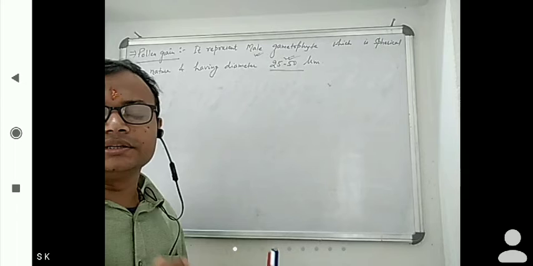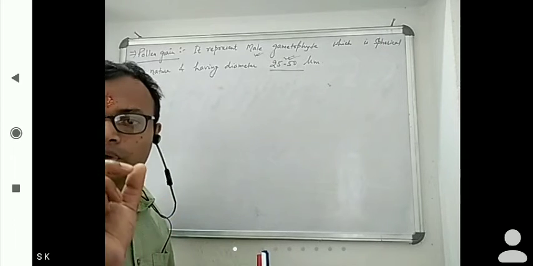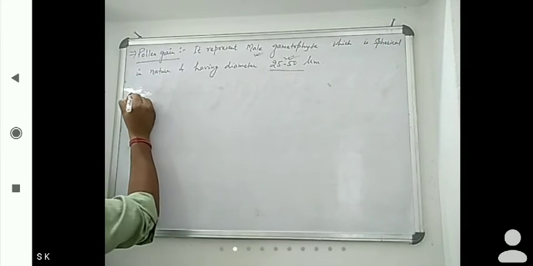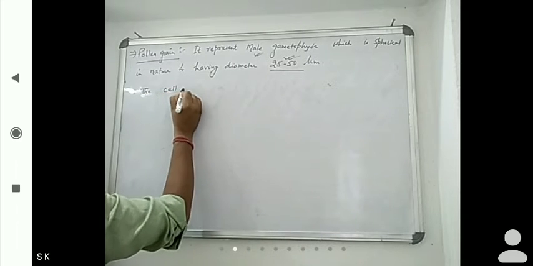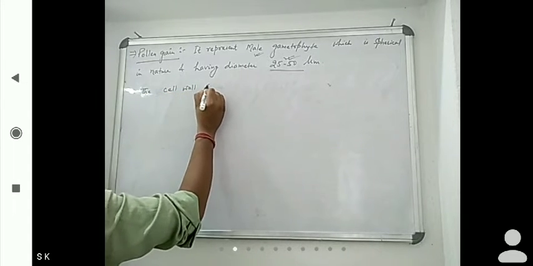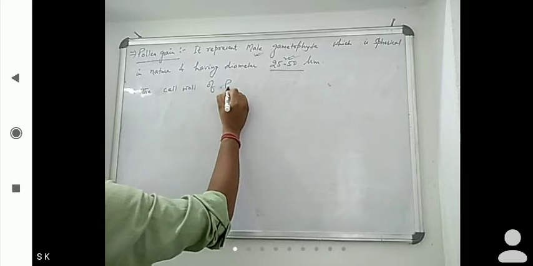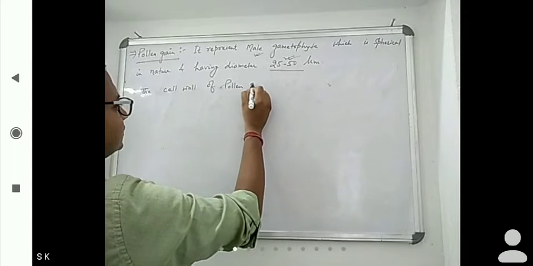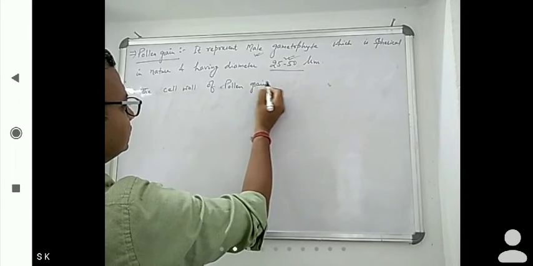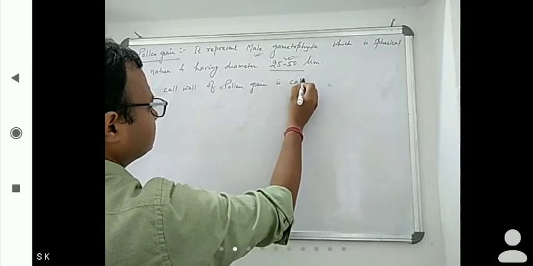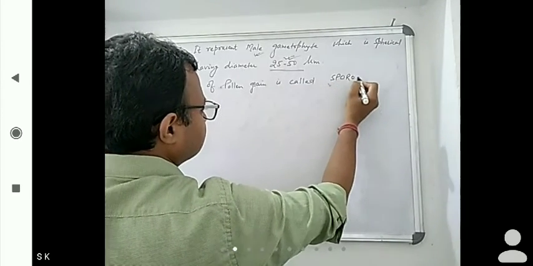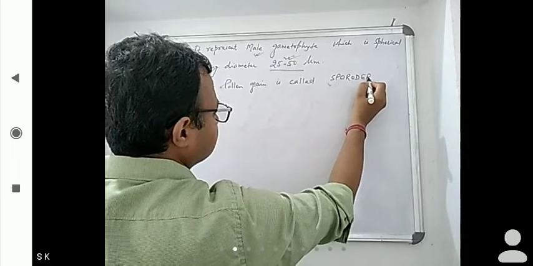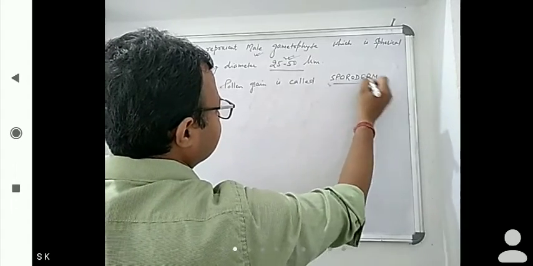Cell wall, and that is known as sporoderm. The cell wall of pollen grain is called sporoderm. What it is telling?